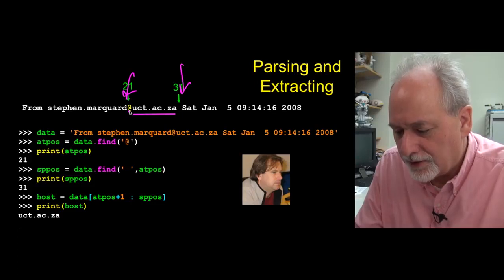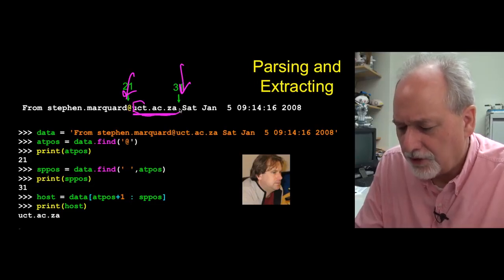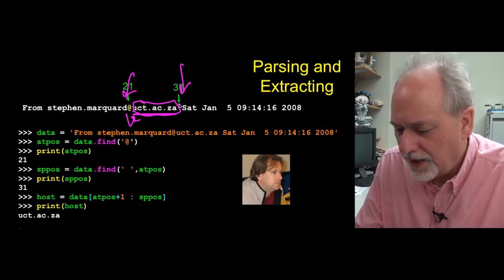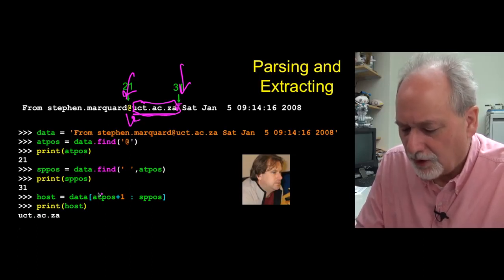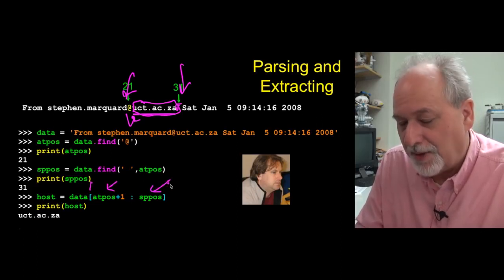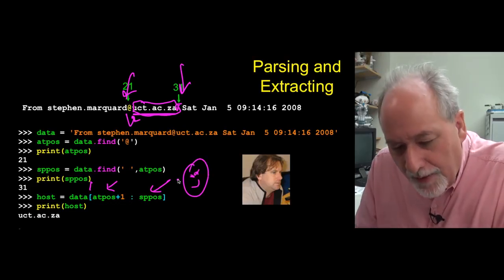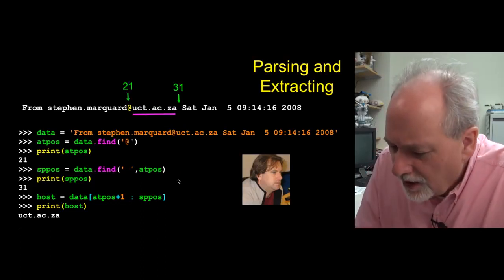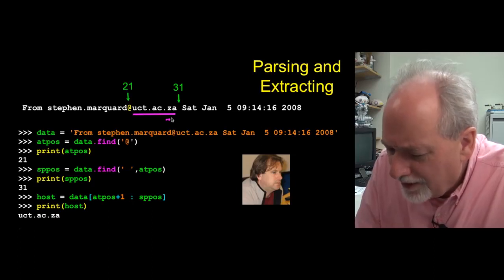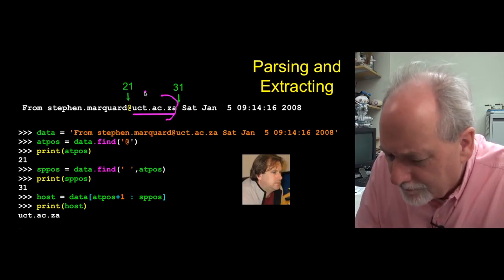Now what we really want is this bit right here. So we have to go one beyond the @ sign, and we don't want the space. We're going to use slicing here: data sub at position +1 up to but not including the space. Smiley face, because we didn't have to say space -1, because that is up to but not including.